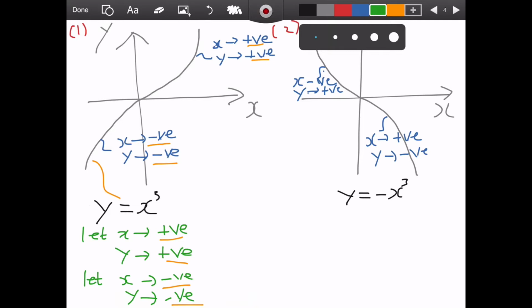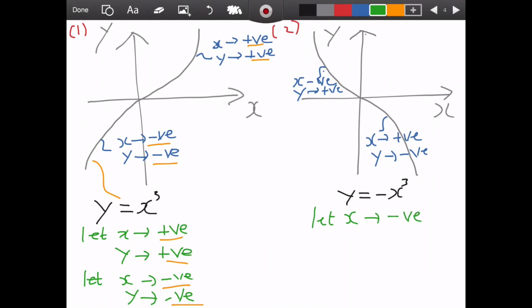So when we let x be negative, what do we get? y equal to what? For example, since x is negative, let's say minus 1 power of 3. We established just now that minus 1 power of 3 is equal to minus 1.